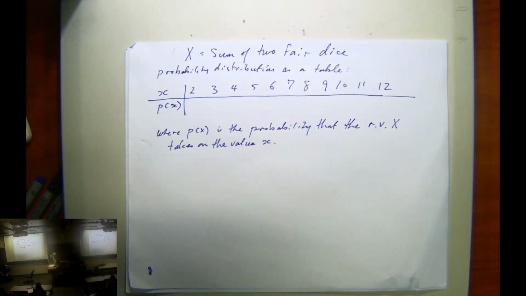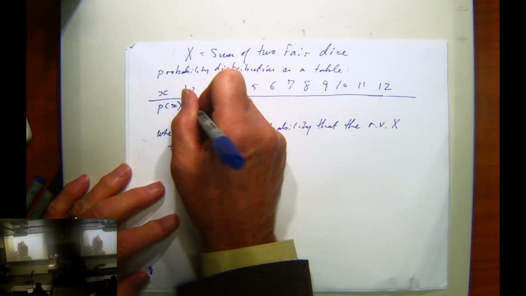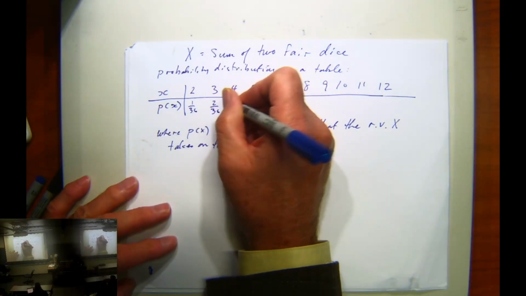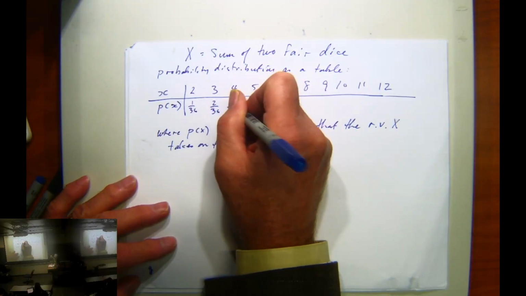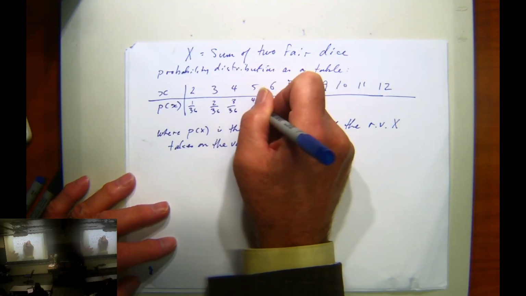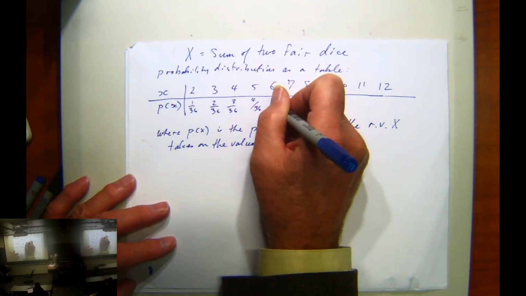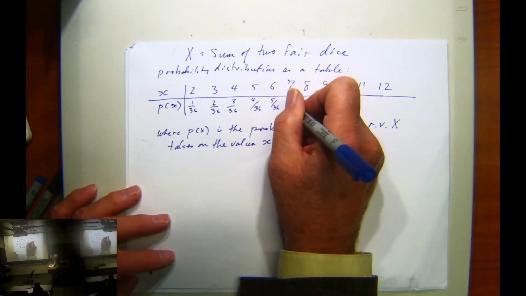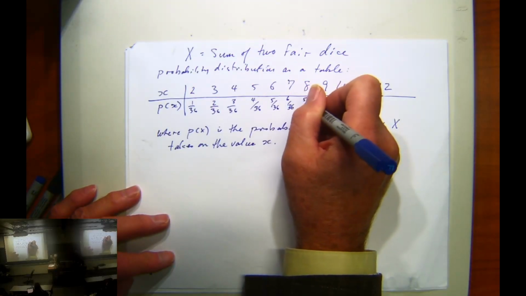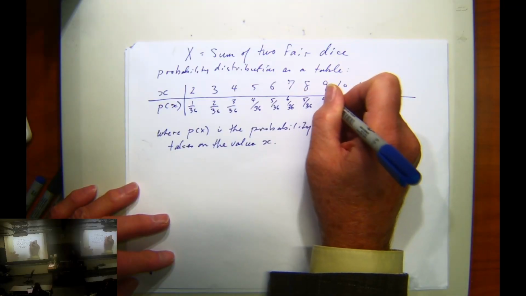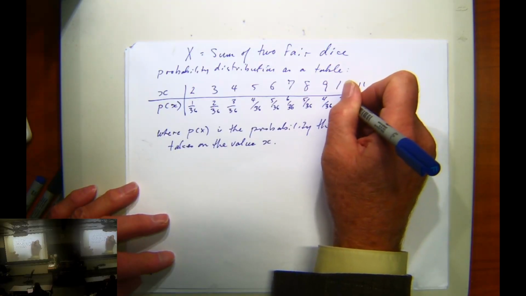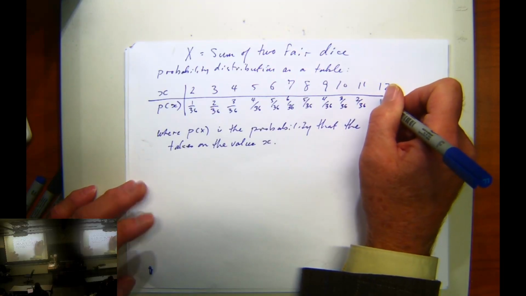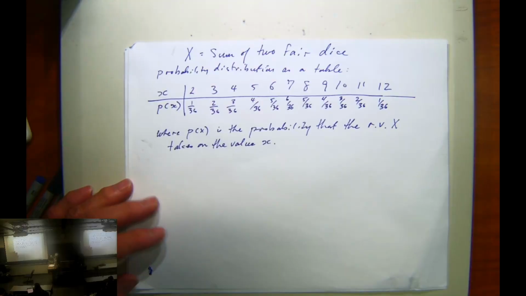So now when we say what are the probabilities, we recognize these. These are things we've done before. 1 out of 36, 2 out of 36, 3 out of 36, 4 out of 36, 5 out of 36. We hit our maximum at x equals 7, 6 out of 36, and then we start going downhill. 5 out of 36, 4 out of 36, 3 out of 36, 2 out of 36, 1 out of 36.